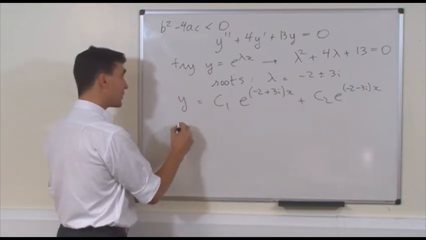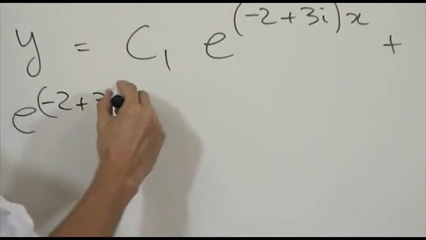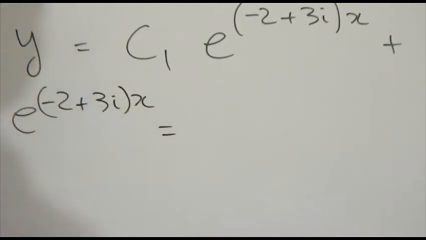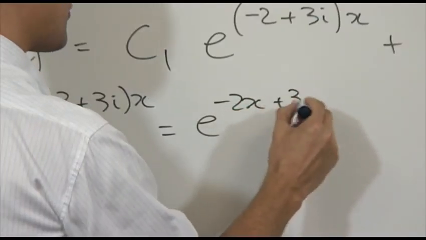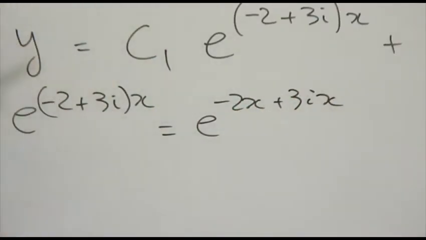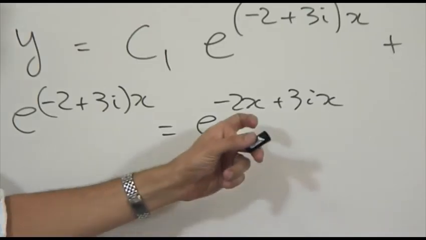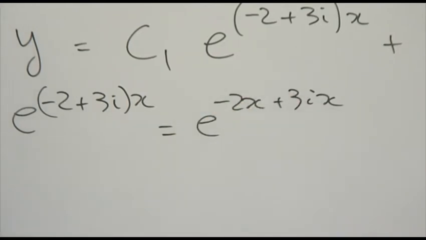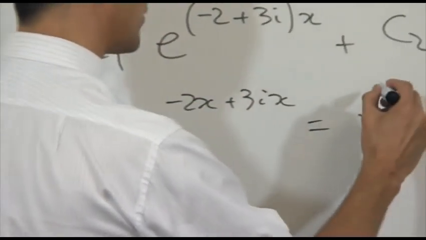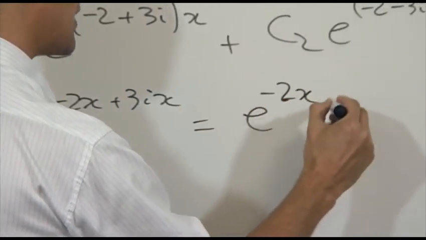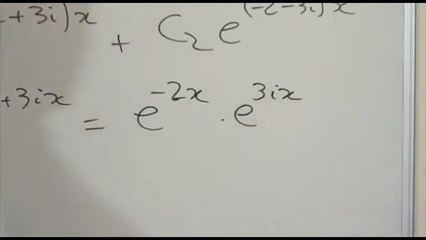Let's just take, for example, that first one, e to the minus 2 plus 3i all times x. Well, okay, I can write that as e to the minus 2x plus 3ix, just multiplying the x into the brackets. It's the exponential of a sum of two quantities, which is equal to the product of the exponentials of those two quantities. So it's e to the minus 2x times e to the 3ix.